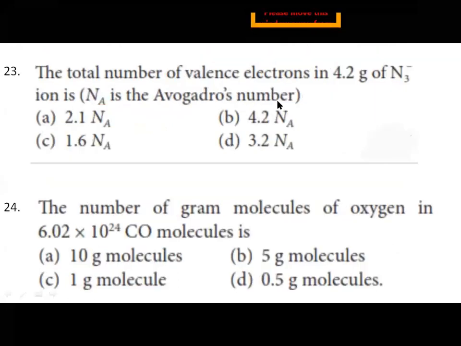Next question: the total number of valence electrons in 4.2 grams of nitride ion, N3 minus ion. See, each nitrogen atom has how many valence electrons?